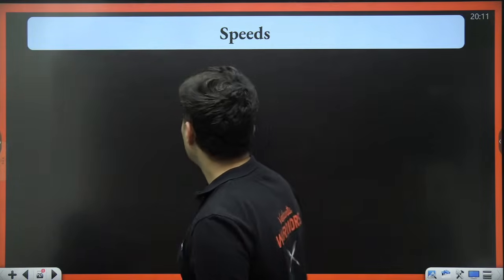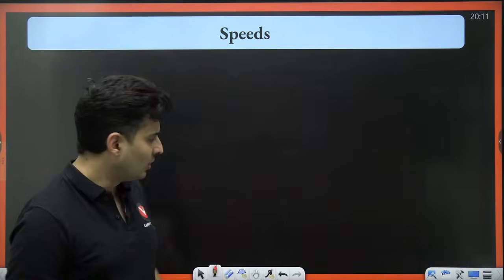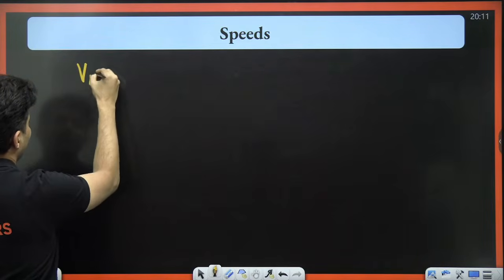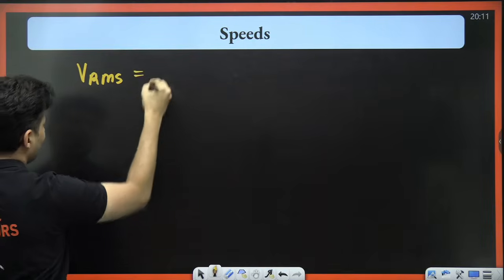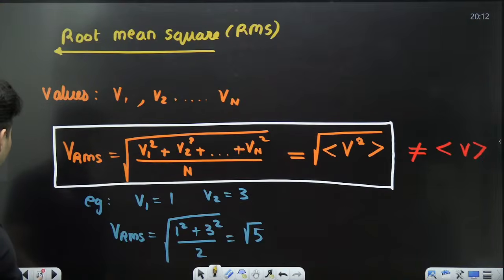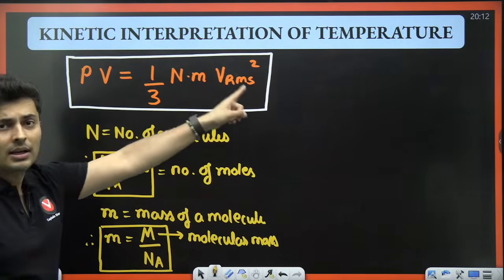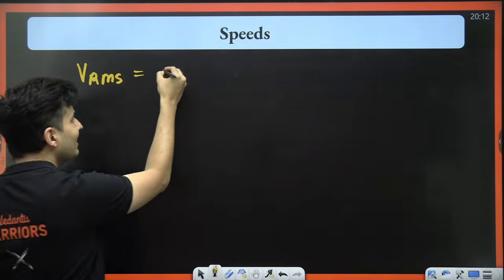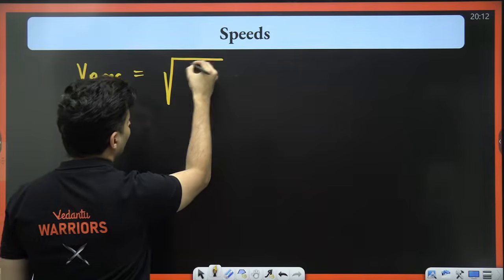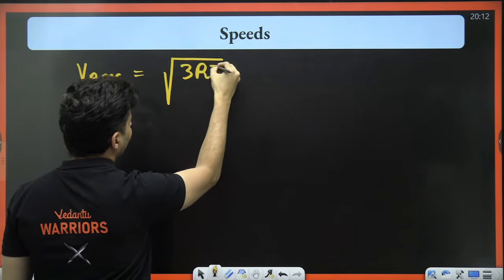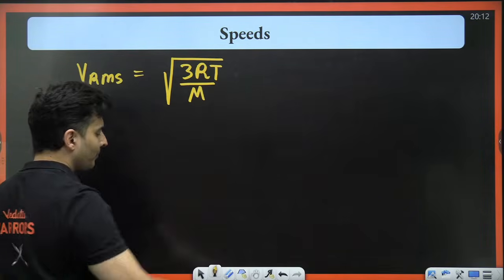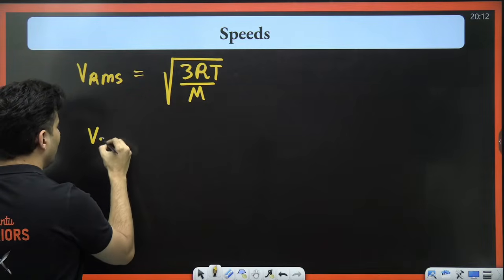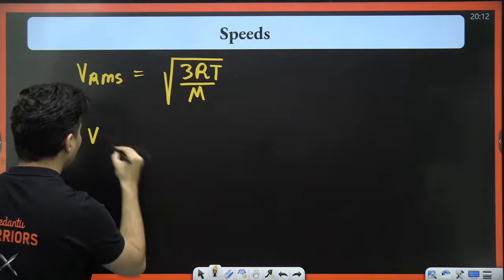Right. Now, talking about what these speeds are in value wise. So, the RMS speed, the root mean square speed, if you use this equation only, which is that PV is 1/3 nM V RMS square, then if you rearrange the terms, you will see it will come out to be root of 3RT divided by M. Similarly, first we'll go to average.